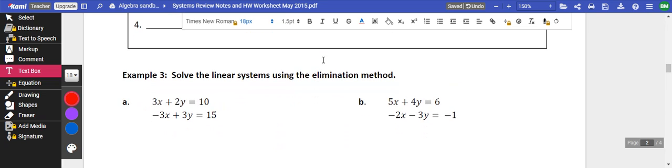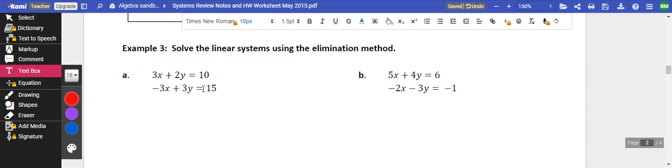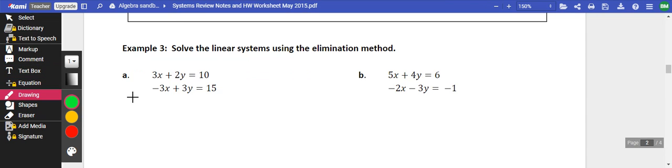We're going to start with a nice easy one. We're going to look at A, and then I'm going to do some other examples from another sheet. So for here, since this is our first one we're doing, we're going to add straight down. Each of these, they're lined up in standard form. Remember, standard form is that AX plus BY equals C. This is remembering all the way back from chapter 2.